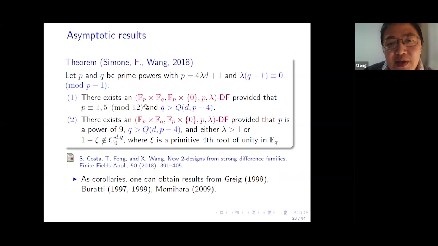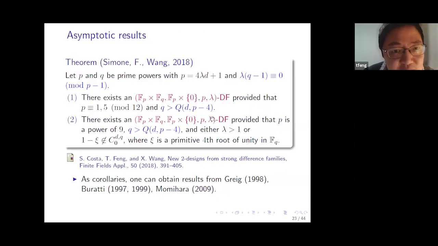For example, we can show there is an Fp times Fq difference family when p is 1, 5 modulo 12, and q is sufficiently large. This is a very useful tool to study difference families. That's why I talk about it.